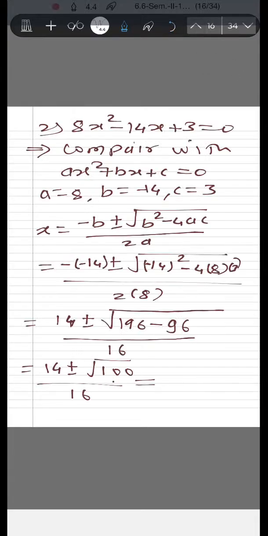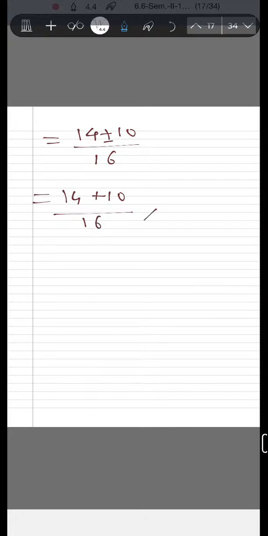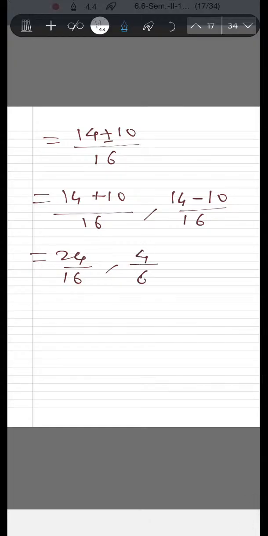See, here is a 100, I will take the square root of that. So 14 plus 10 upon 16, this is the correct one. Okay, so 14 plus 10 divided by 16 and 14 minus 10 divided by 16, which is equal to 24 divided by 16, and here is 4 divided by 16.